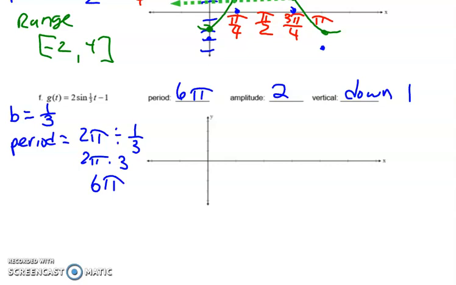So if we take 6 pi and we multiply that by 1/4, we're going to end up with 3 pi over 2. That's 6 pi over 4, which reduces to 3 pi over 2.